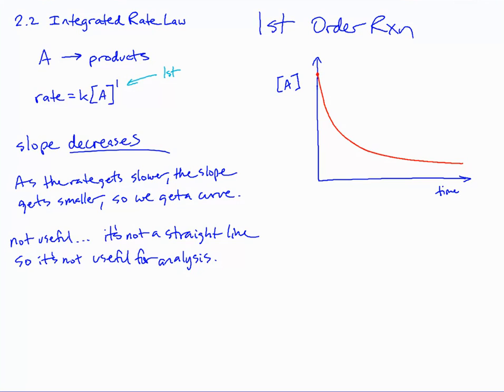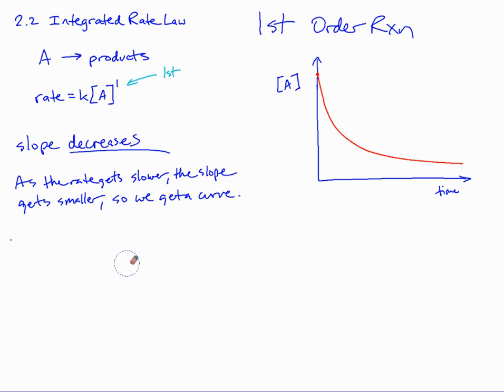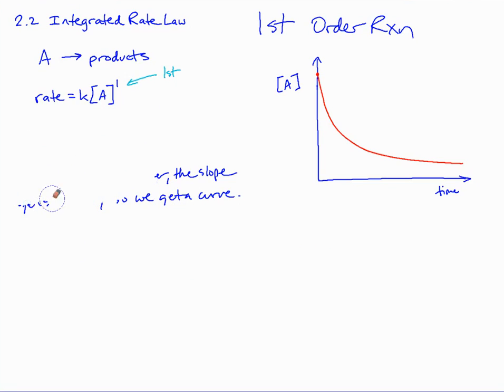So for the first order reaction, we get a linear relationship if we change the graph. So let me clear some of this up, and we're going to draw a different graph. This time we are looking at the natural log of the concentration of A versus time.